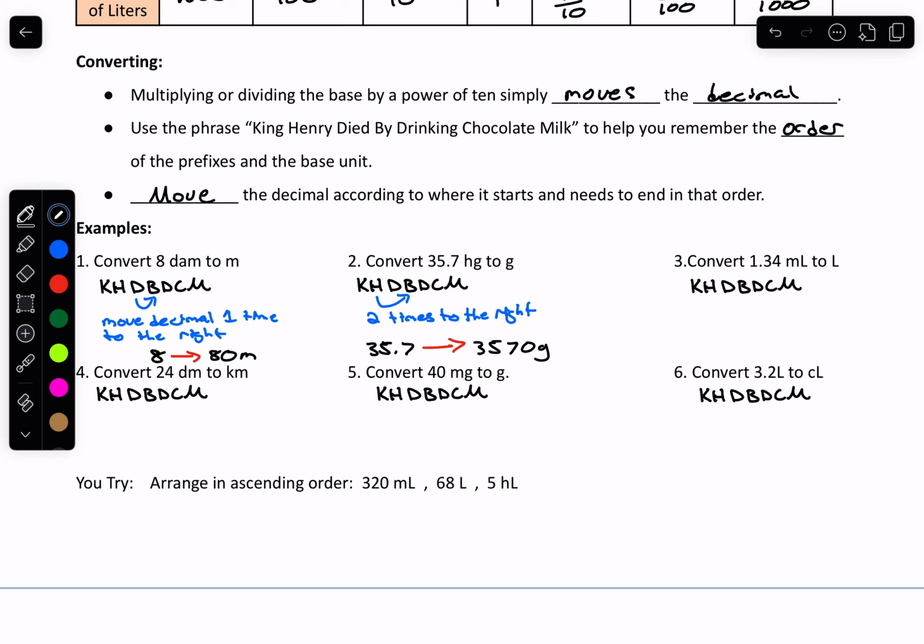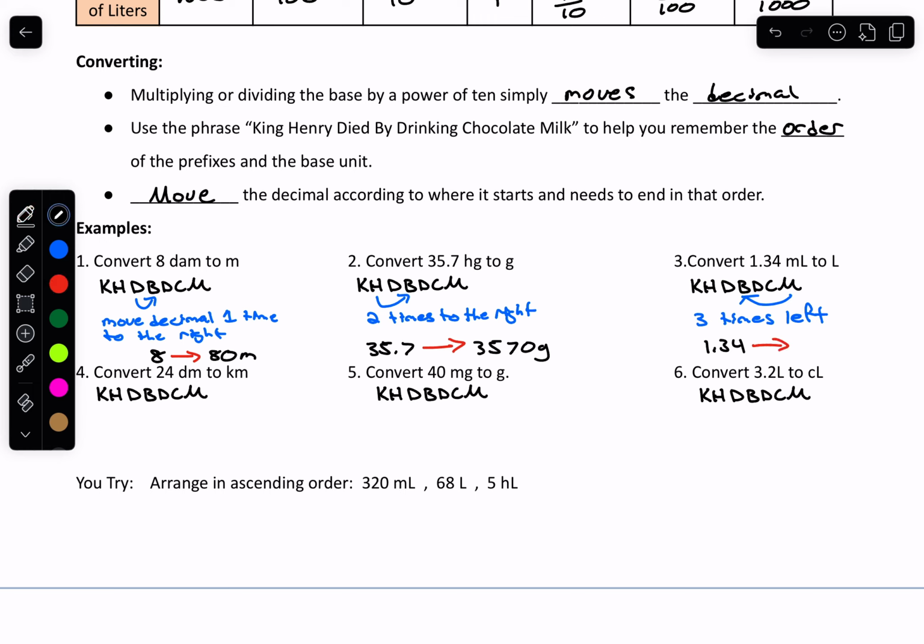All right, number 3, we want to convert 1.34 milliliters to liters. So we are going from the M all the way back to the base unit. So we need to go left 3 times. So we're going to take 1.34 and convert it.